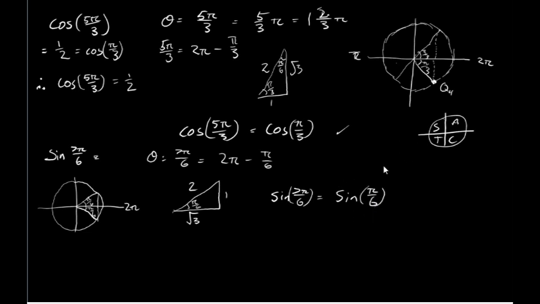Now, this time we do need to check our signs, positive, negative. Well, we're in the fourth quadrant over here. Only cos is positive in there. So sine of 7 pi on 6 is actually minus sine of pi on 6. And sine of pi on 6, opposite over hypotenuse, is 1 over 2, except it's now negative.